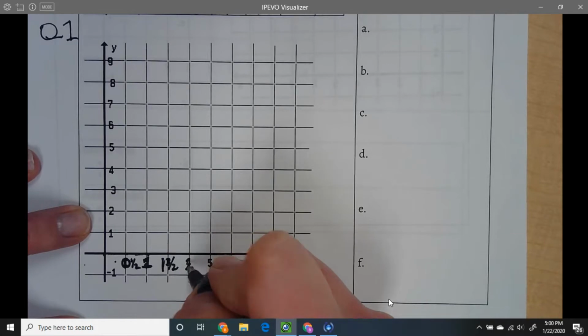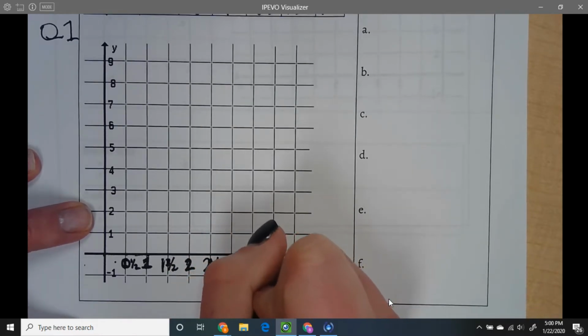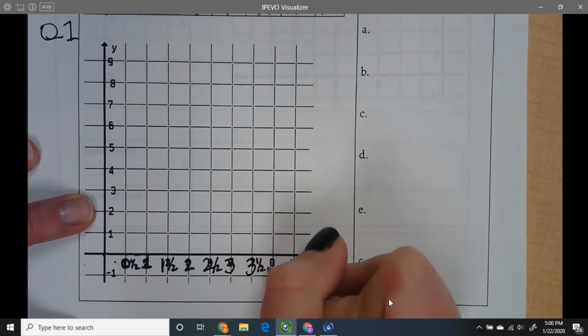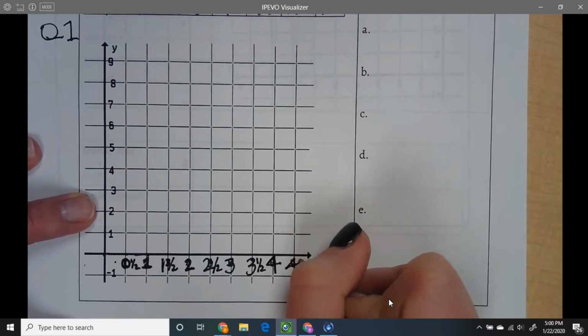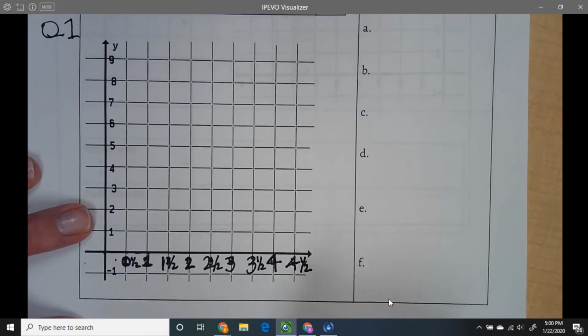This would be 2. This would be 2 and 1 half, and then this would be 3. Then I have 3 and 1 half, and then the 8 would be 4, and the 9 would be 4 and 1 half. So my x-axis is going across, and it is representing 1 hour. I have 2 units representing 1 hour, that checks, and another hour checks.